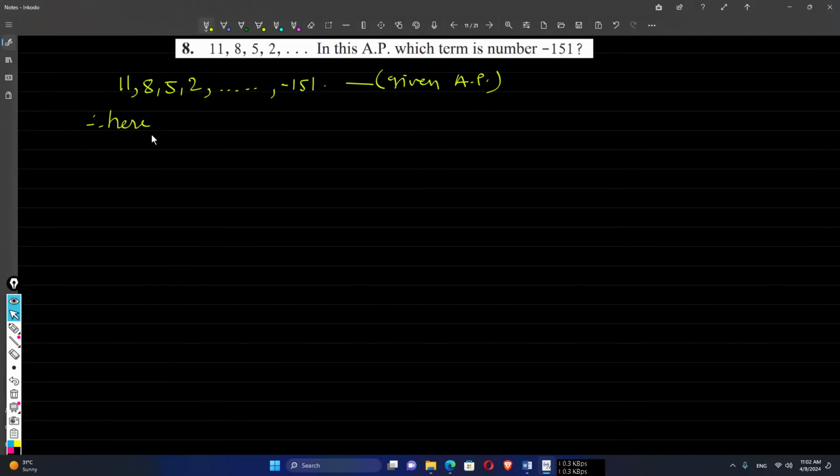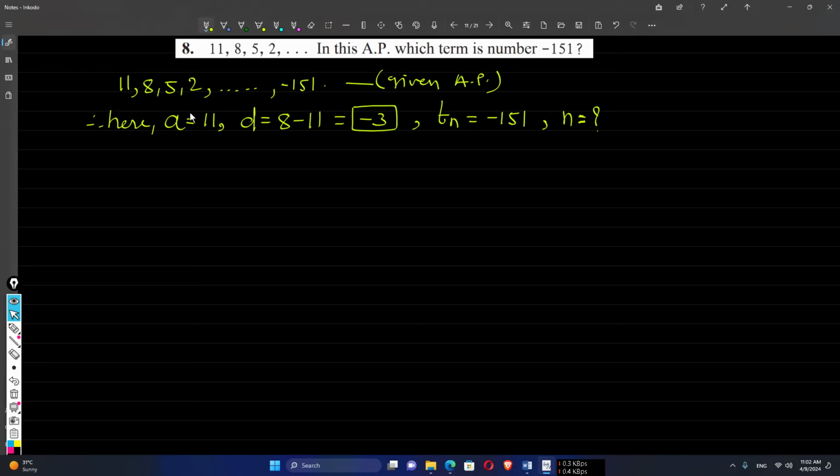Here a equals 11, and d, the common difference, is T2 minus T1, meaning 8 minus 11, which will give us minus 3. So minus 3 is the value of d. And of course, the last term Tn is equal to minus 151, and we have to find the value of n.